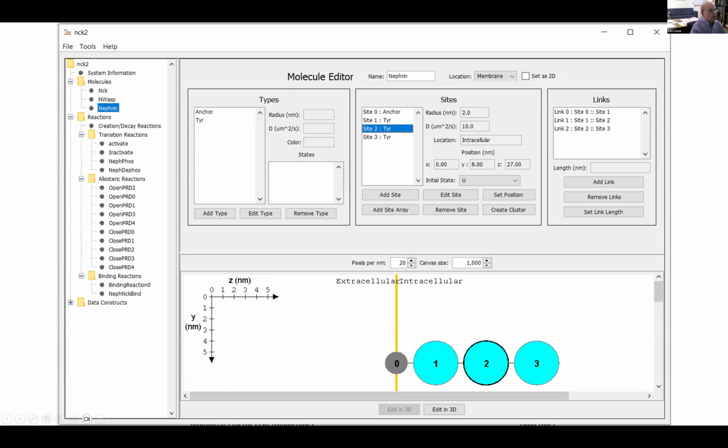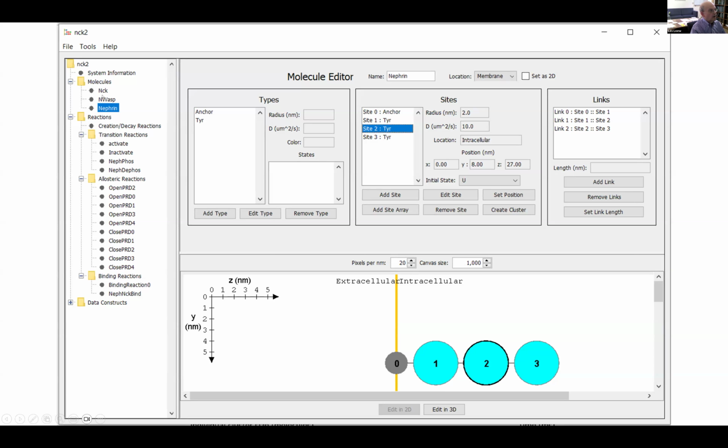Here's a screenshot of the actual software interface. You can see on the left there are different components of the model: molecules and reactions. I'll talk about reactions in a minute. There are 2 types of reactions, those that involve internal changes as well as binding reactions.